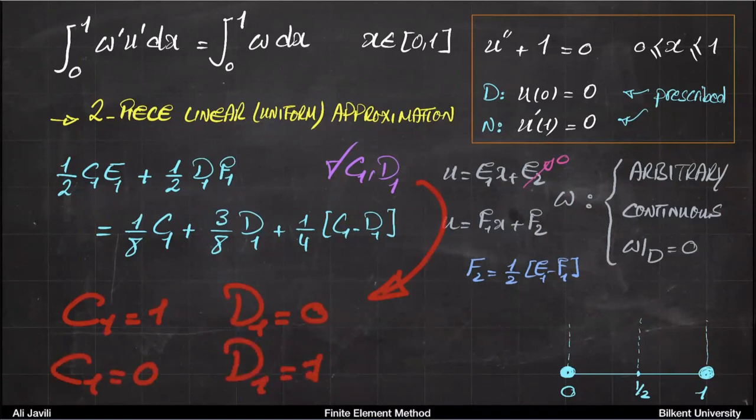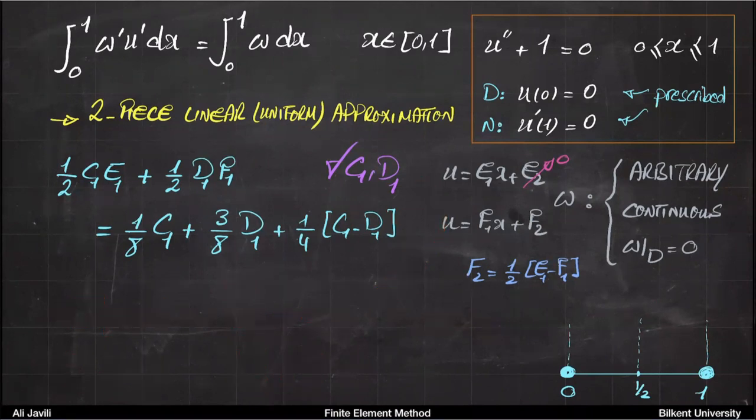So it holds at least for these two sets too. And then if you just play that game, you can simplify this further. And that's what I'm going to do now. So let's say, first assume C1 is 1 and D1 is 0. Second, assume C1 is 0 and D1 is 1.